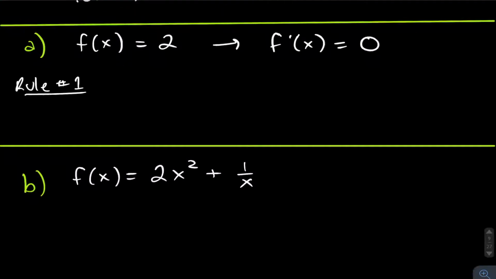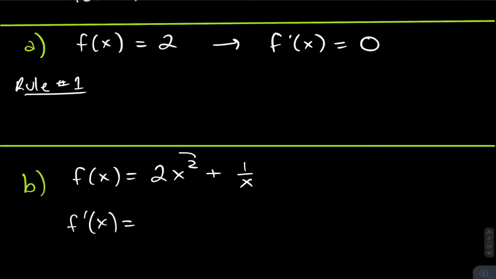What about if f of x equals 2x squared plus 1 over x? Now don't get scared by that 1 over x. That's actually really simple. I'll show you that in a second. We can take the derivative of these things independently. F prime of x is going to equal, let's do power rule on this. This is 2x squared, so it follows power rule.